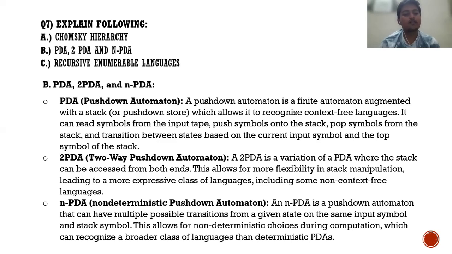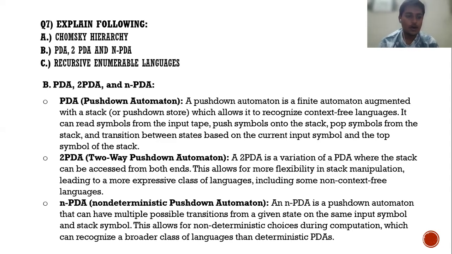Two-way PDA, also known as two-way push-down automata, is a variant of PDA where the stack can be accessed from both ends, front and back. Non-deterministic push-down automata or NPDA is also a type of push-down automata that can have multiple possible transitions for a given state.